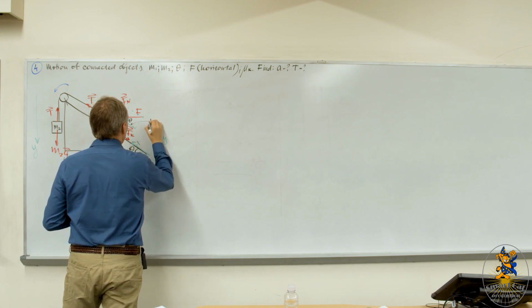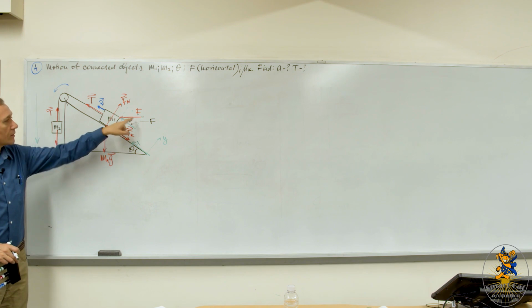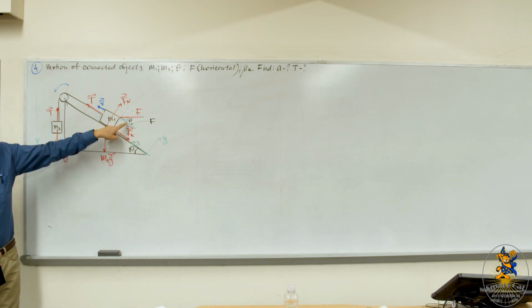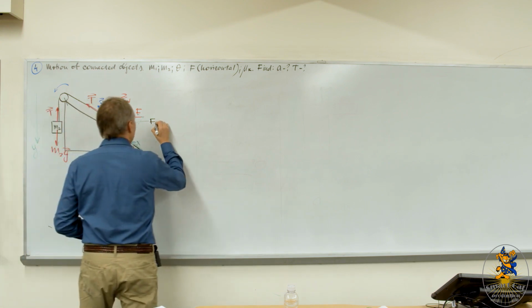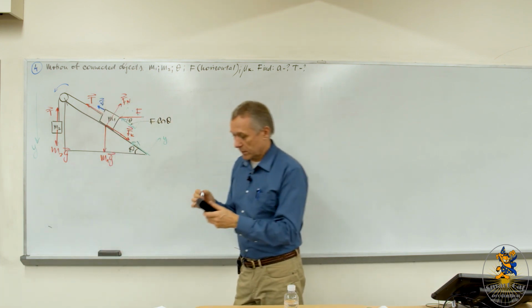Okay, so now, once we know that angle, we can find this component. It will be F times the component adjacent to the given angle, so it's F times cosine of theta. F cosine theta.